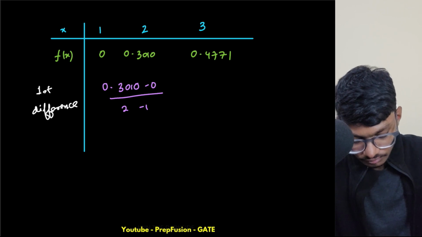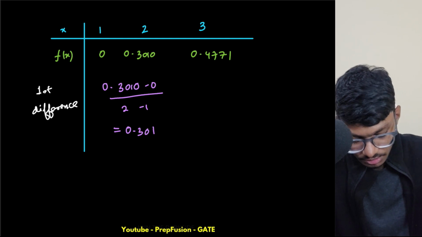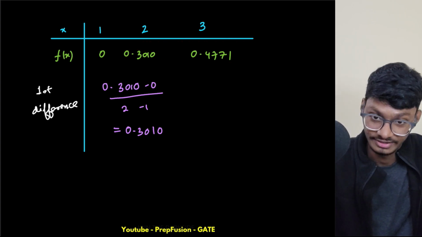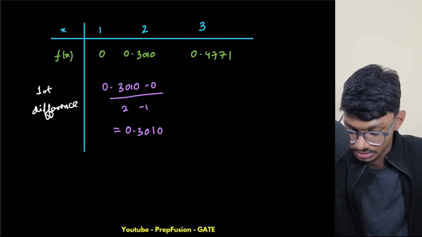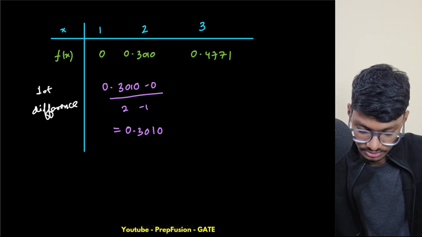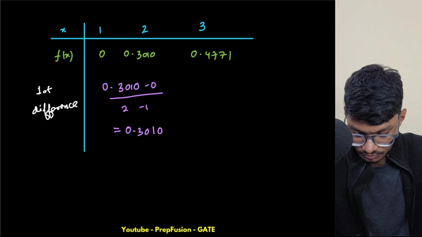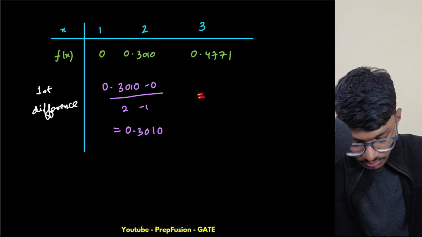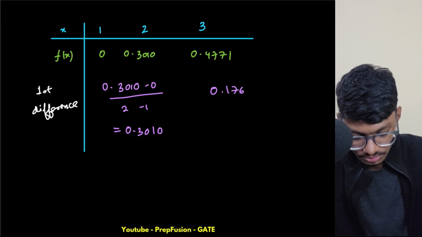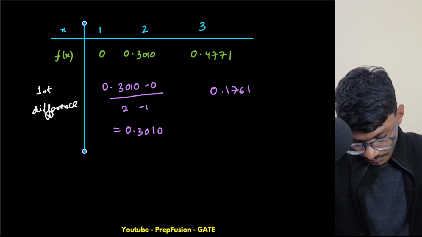So this will be 0.3010, and the next one is the same way. This subtraction is a bit difficult actually, so I recommend you do it with the help of a calculator, because some error may occur. 0.4771 minus 0.3010 is basically 0.1761. So this is the first difference. Now what is the second difference?